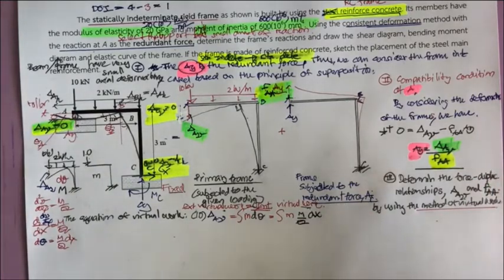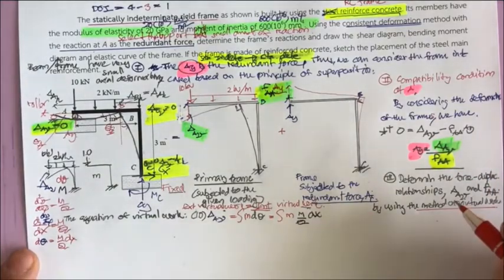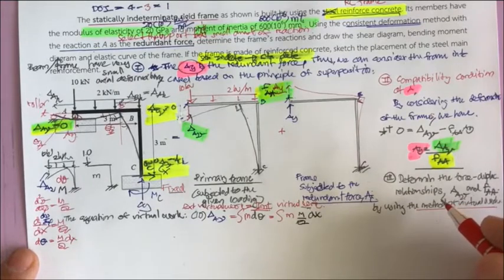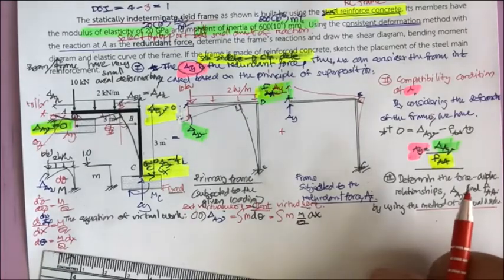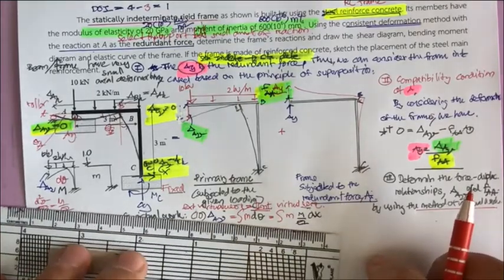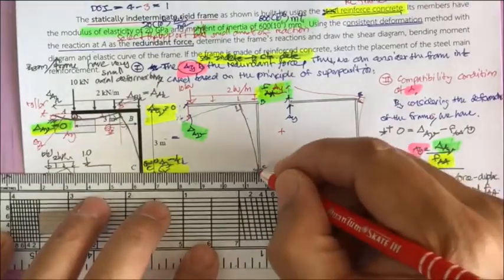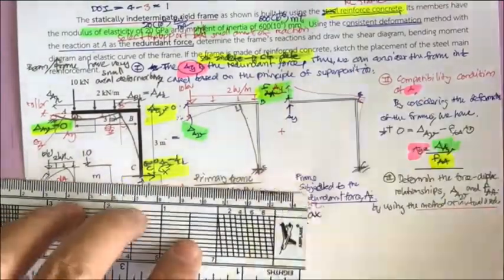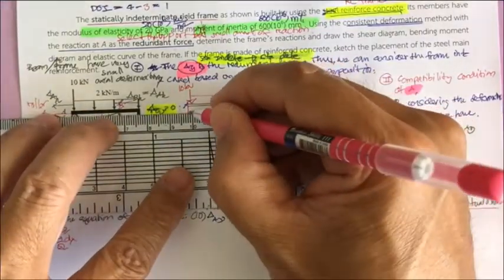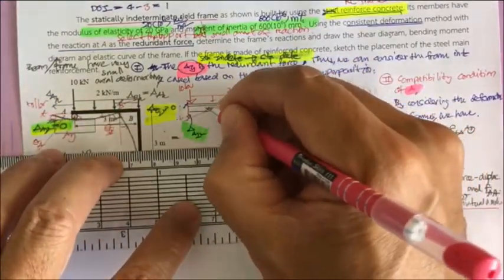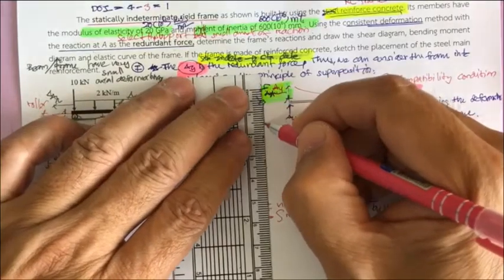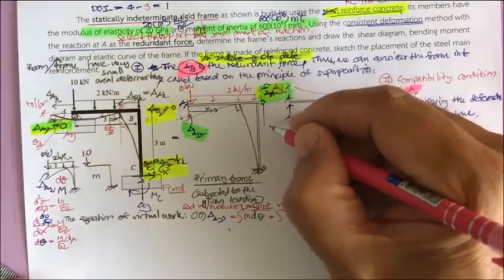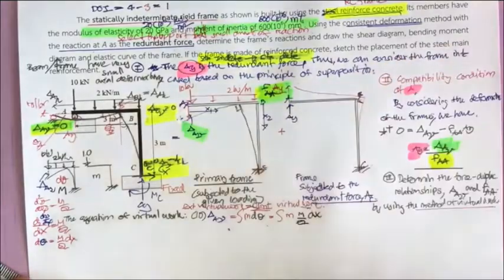And next, we are going to set the coordinate. So now we set the coordinate. This is a kind of cantilever frame, right? So we set this one as x1, from A until B, and we also set this one, B until C, as x2.